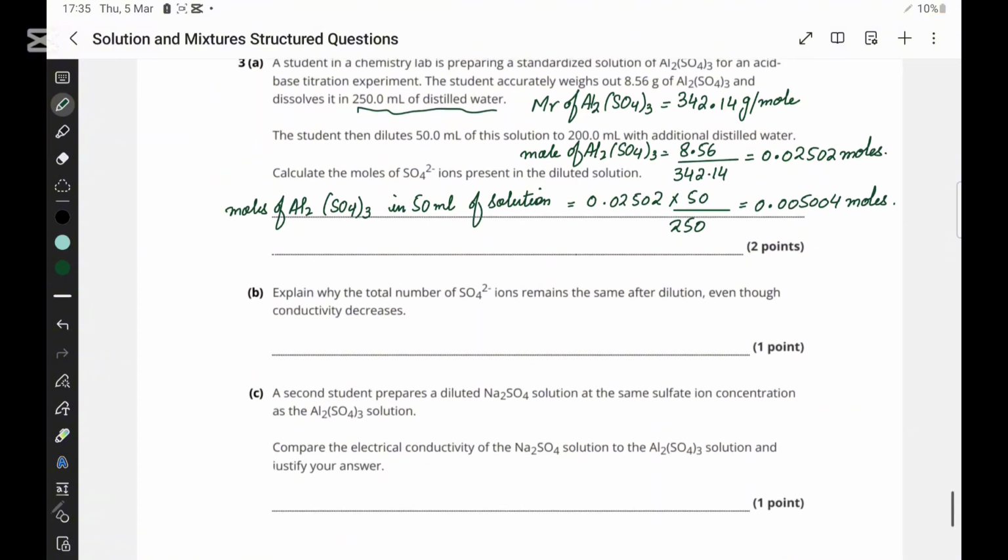So if it contains 3 moles of sulfate ions, then we are going to do 3 times 0.005004 moles.